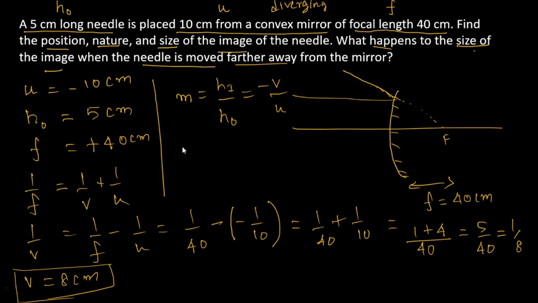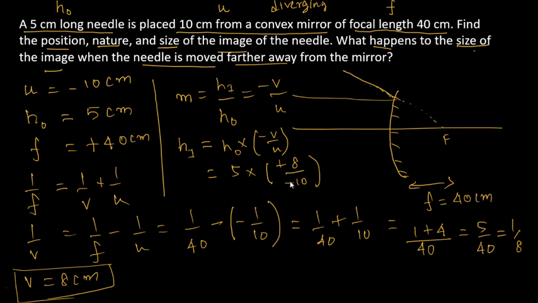So in this case, that is HI. We can relate these two. So HI is equal to HO into minus V divided by U. Therefore, HO is 5 centimeter into minus V, that is minus 8 centimeter, divided by U, minus 10 centimeter.